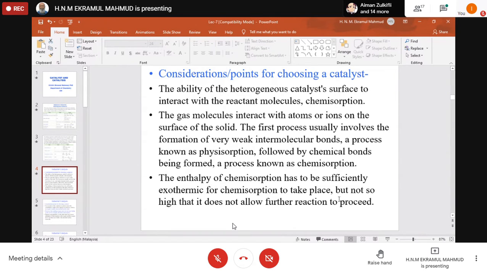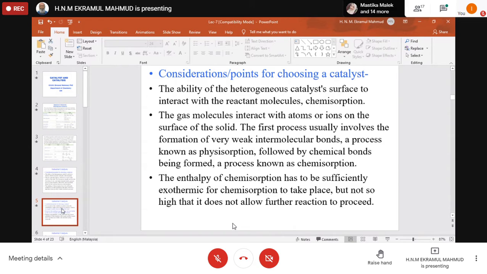So it should be moderate. That is, it should have a good attraction to the catalyst and the reactants. Moderation, so that later, when reaction products are formed, the products can leave the catalyst surface. So this should be the criteria.